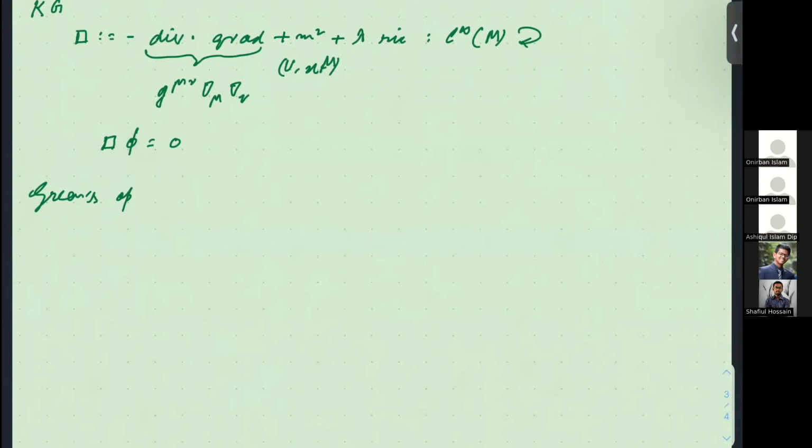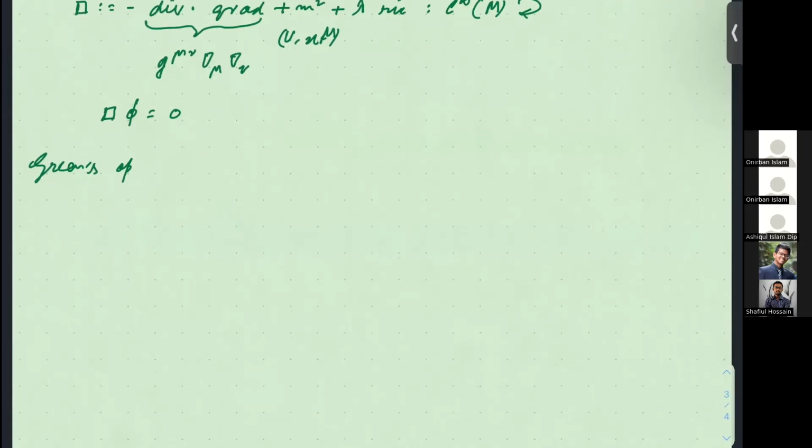Okay, now one way to solve a wave equation, in particular any differential equation, is to construct a Green's function. Green's functions are not really functions, they are operators. So let me just recall a bit.